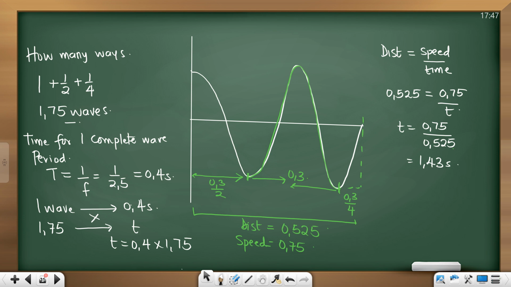Or, okay, wait. Could this other calculation be wrong? Could this other one be wrong? Guys, wait. I said distance is what?